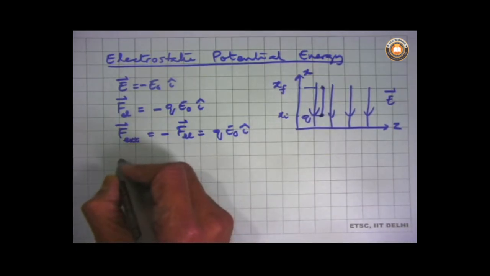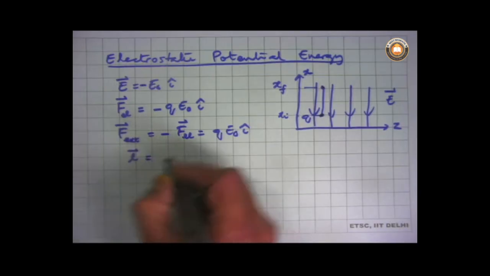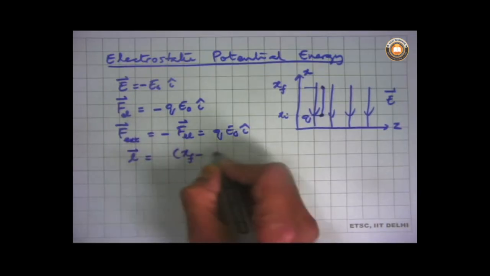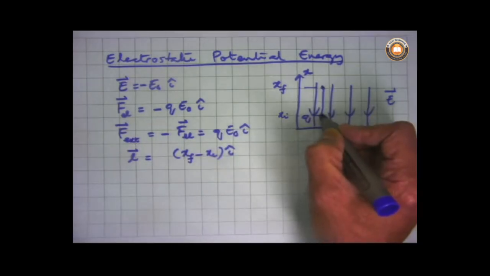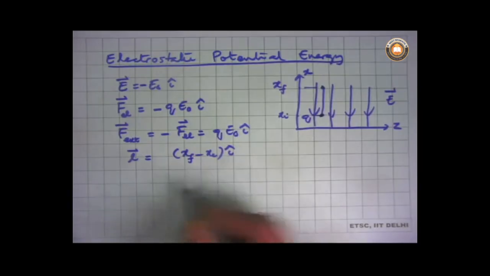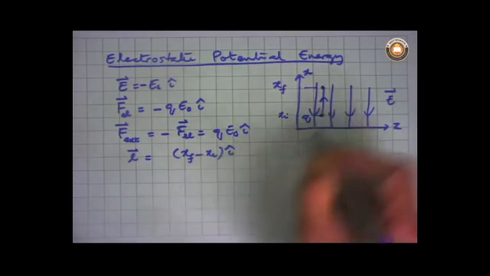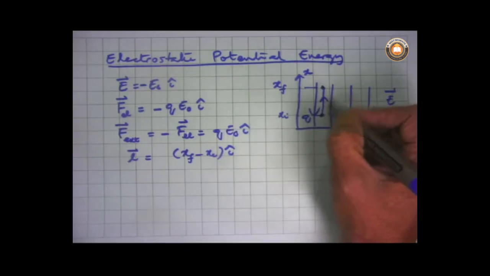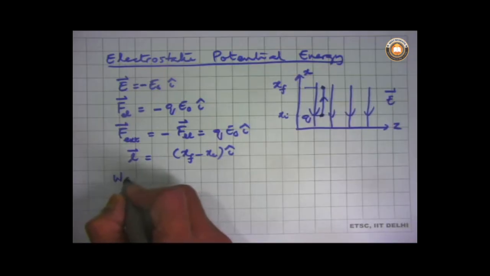The distance I must move, let me call this L vector, is xf minus xi times i cap. So, I start from xi and move to xf, and I am moving like this from here to here. So, the distance by which I am moving is xf minus xi times i cap.